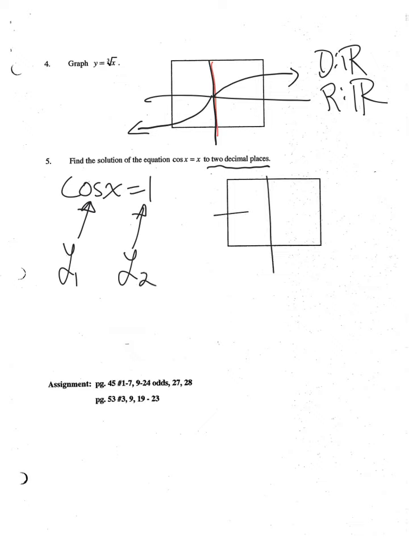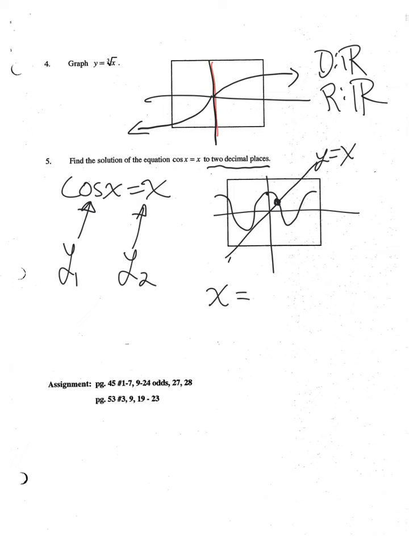And you're going to see your cos graph doing this, and the line y equals, oh, sorry, that's not a 1. It's an x. And then you're graphing the line y equals x, and then you need to see where they intersect.